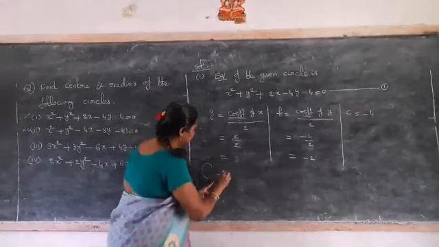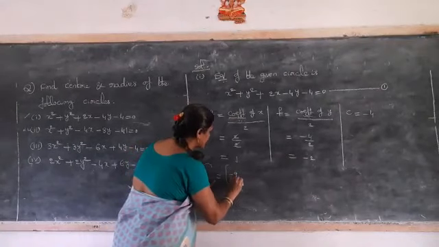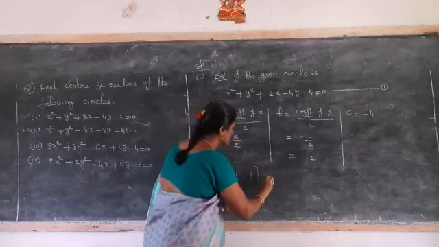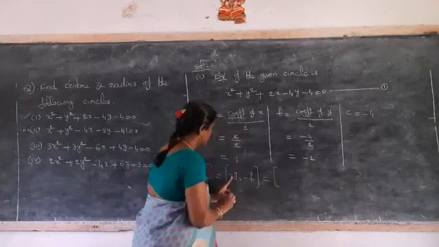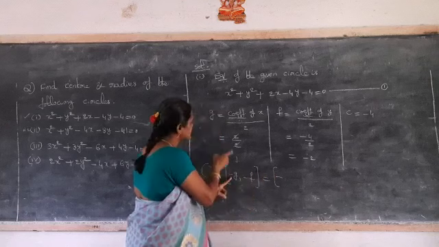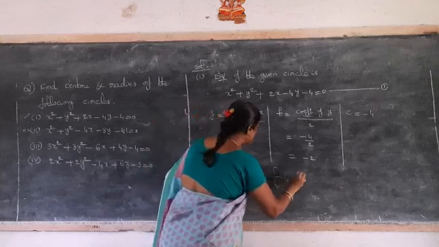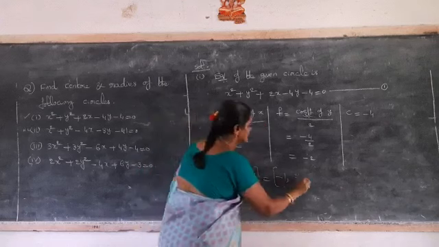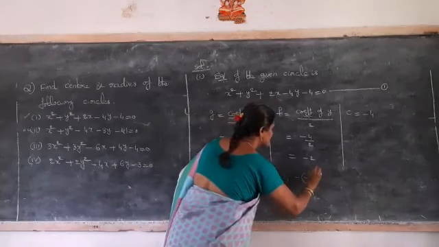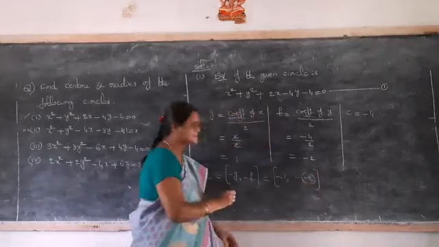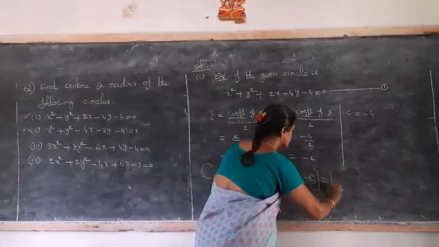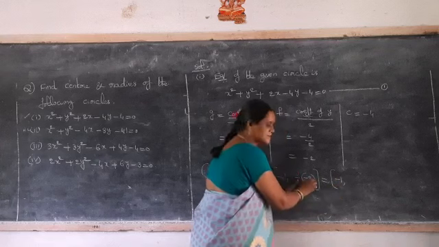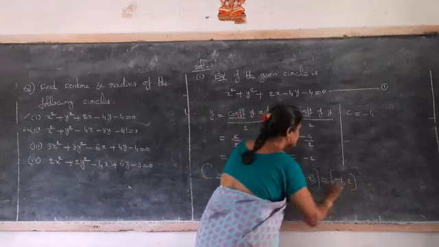So capital C is equal to formula (-G, -F). Substitution: -G, G is equal to 1, so -1. -F, F is equal to -2, so minus of -2 is +2. The center is (-1, 2).